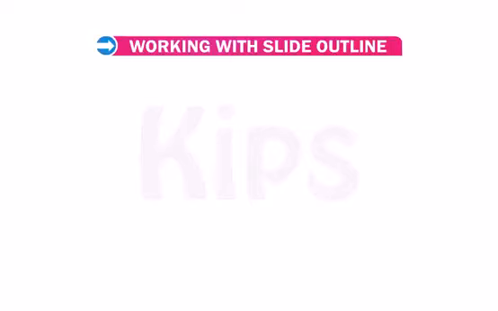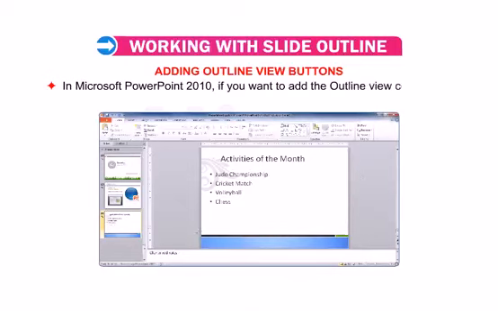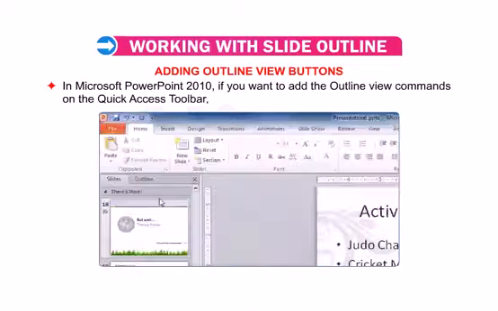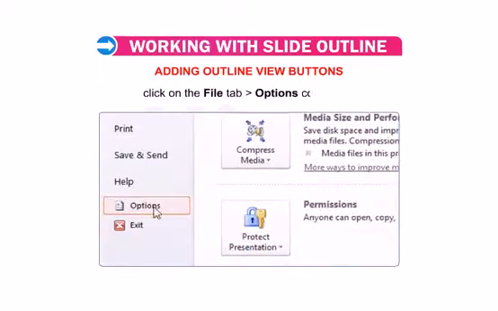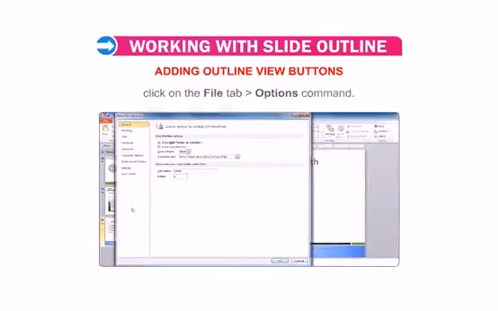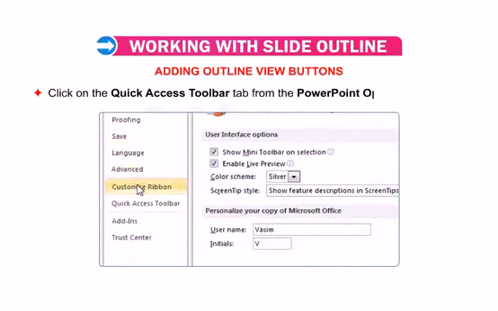Alright, now let us discuss adding outline view buttons. In Microsoft PowerPoint 2010, if you want to add the outline view commands on the Quick Access toolbar, click on the File tab, then go to the Options command. Click on the Quick Access Toolbar tab from the PowerPoint Options dialog box.